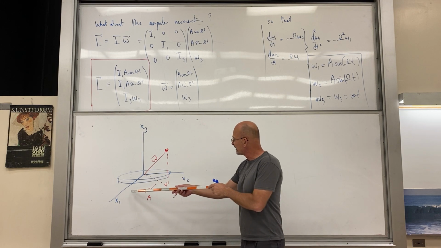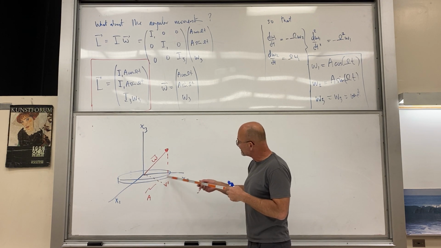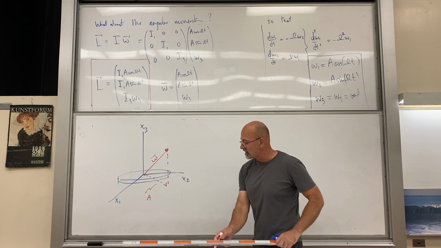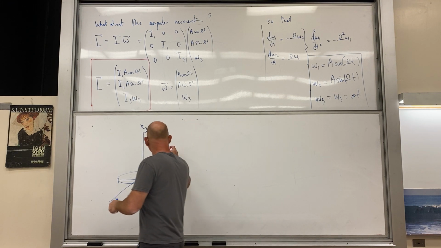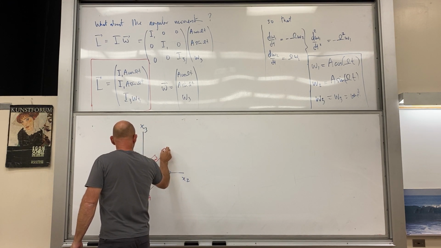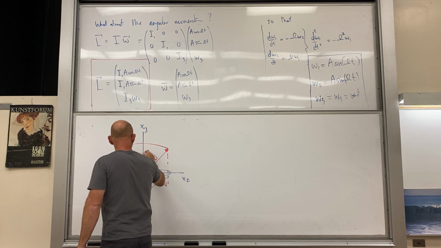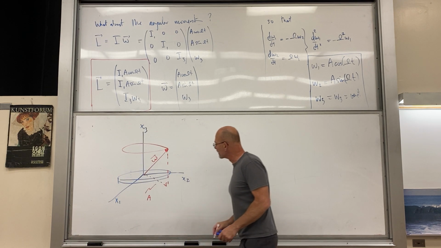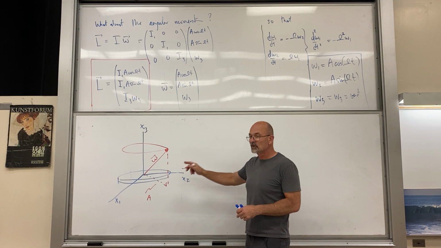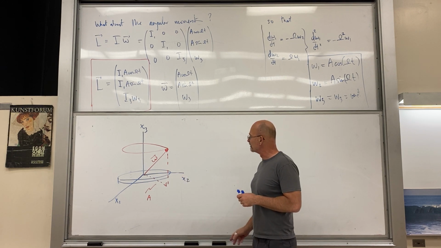I think you see if that's the x-axis, that's the y-axis, then it's going around counterclockwise. So the point is that this omega vector is describing this cone here as it goes around. This is just a snapshot in time.